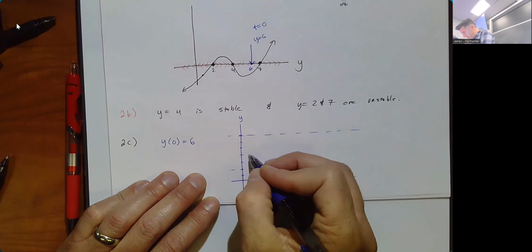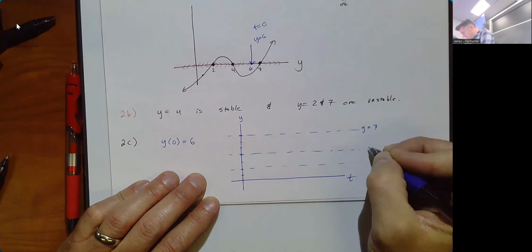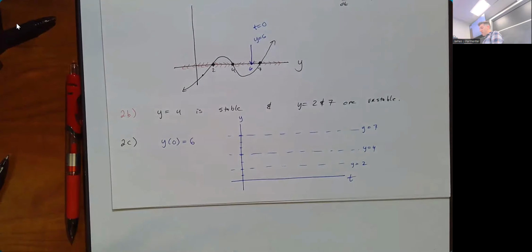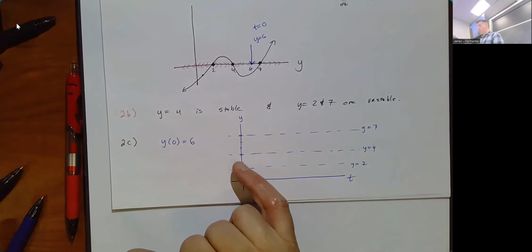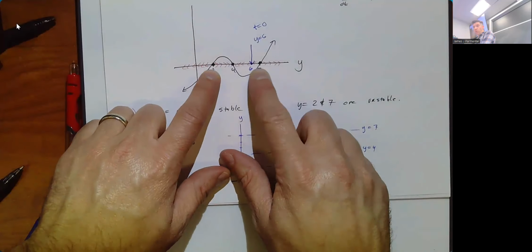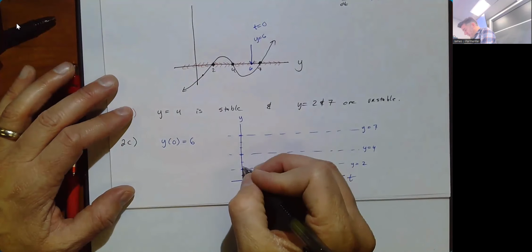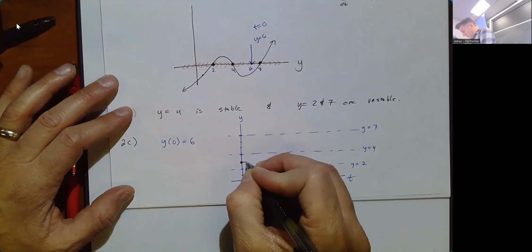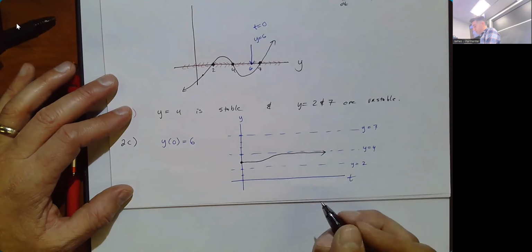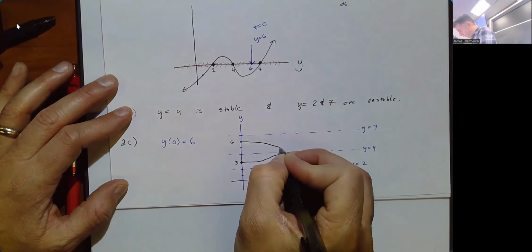Here's y equals 7, y equals 4, y equals 2. And if you start anywhere between 2 and 7, you're going to get pushed towards 4. So if my initial condition is y of 0 equals 3, I'm going to get pushed towards 4 as time goes on. Or if y of 0 equals 6, I'm going to get pushed towards 4.